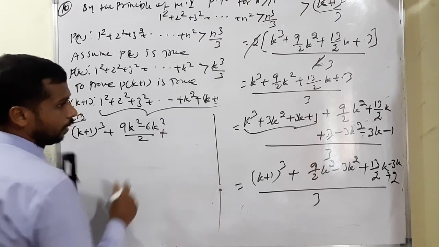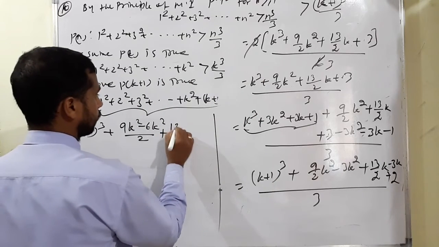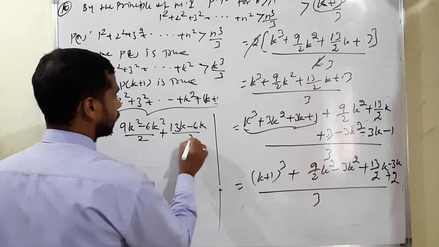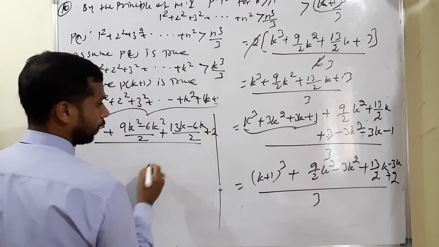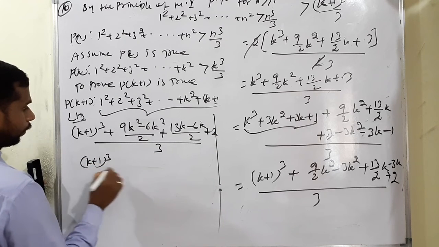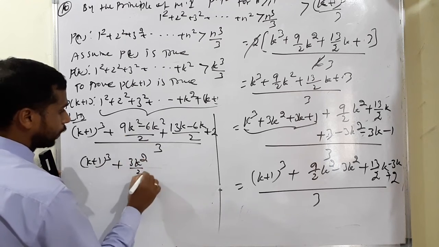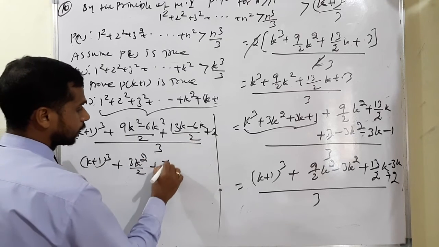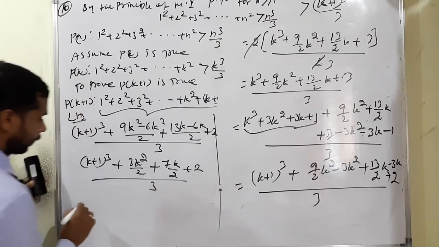Next, plus 13k, 2 into 3 means 6k, 13k minus 6k divided by 2. Last, plus 2 is there, the whole term divided by 3. Now, k plus 1 the whole cube plus 9k square minus 6k square means 3k square by 2, plus 13k minus 6k means 7k by 2, plus 2, divided by 3.